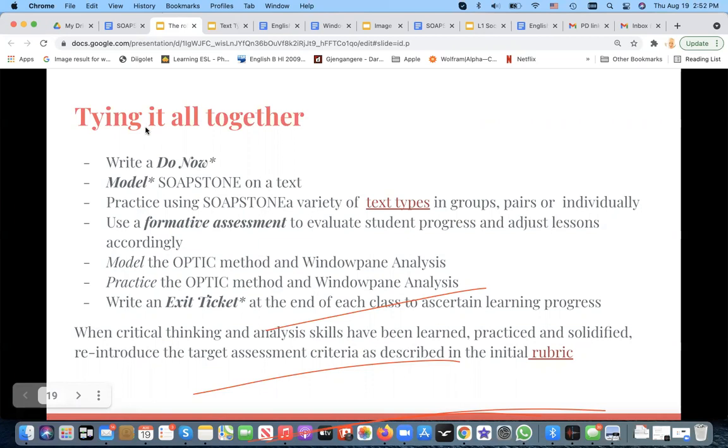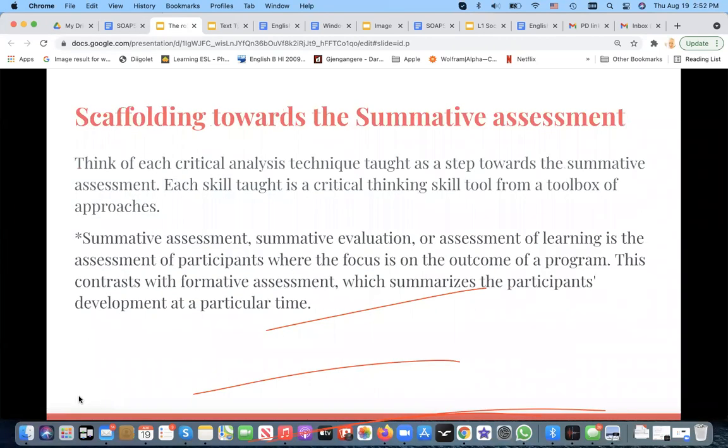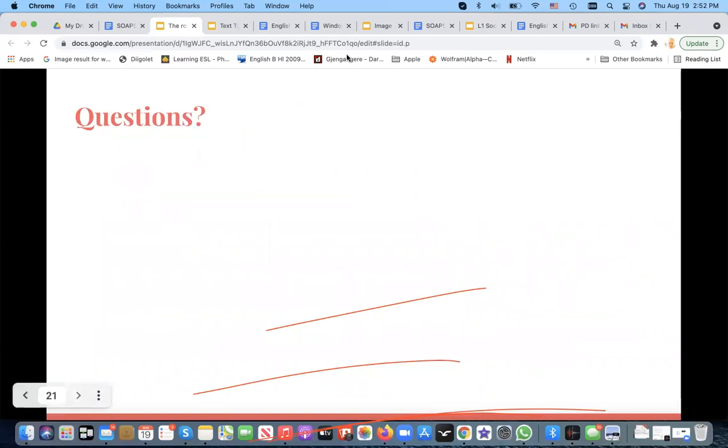Okay, so I am going to now take questions. Somebody asked me, what is the age of my students? I have taught everything from 8th grade to 12th grade, but in the last few years, I've been teaching International Baccalaureate.